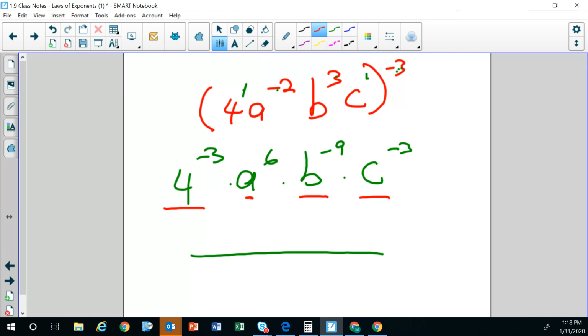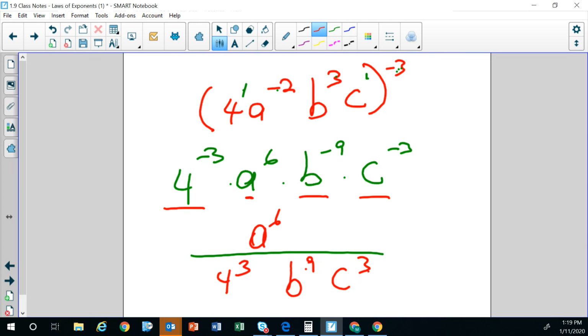So that's going to give me the A to the 6, which stays in place because that is a positive exponent. 4, B to the 9 goes to the bottom, and so does C to the 3. As you see, I flip the sign on the exponent. It is 4 cubed now. It is B to the positive 9 and C to the positive 3.